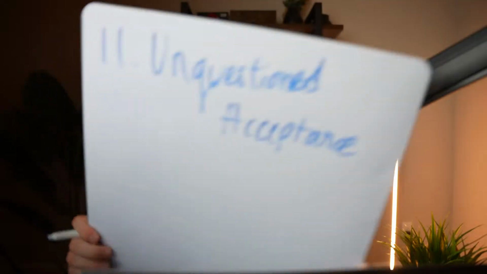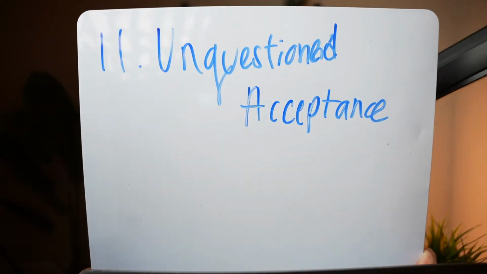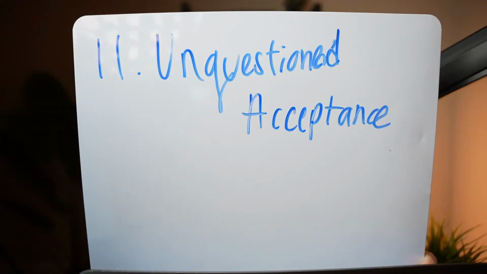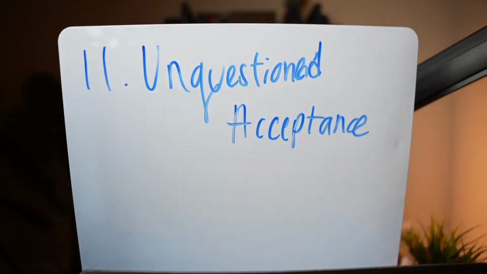Next mistake. Unquestioned acceptance. All right. So absorbing ideas without evaluation, right? When you don't engage with the book, it typically leads to more shallow comprehension. So what I do is I try to mentally test the ideas as I read.